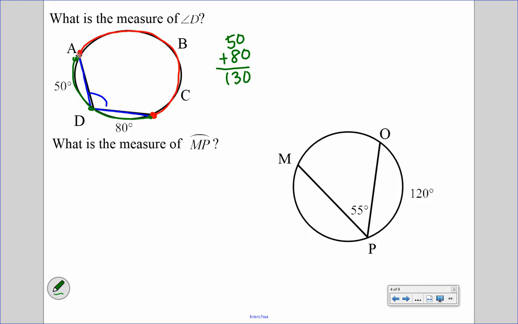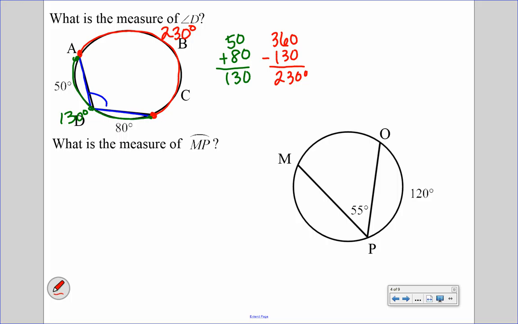So that entire green piece is 130 degrees. Well, if that green piece is 130, to find the red, all we have to do is take 360 minus 130, and we get the red piece, which is 230 degrees.